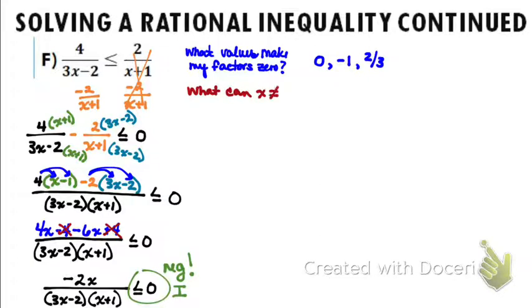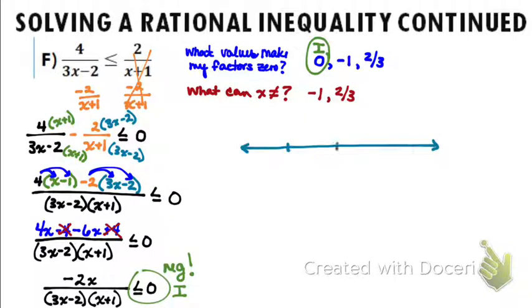What can x not equal? I'm sorry, one more time. Negative 1 and 2/3. So this would be the only value that gets included for that "or equal to" part. Make my sign chart with my number line.